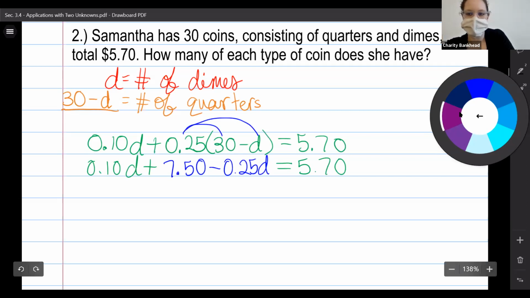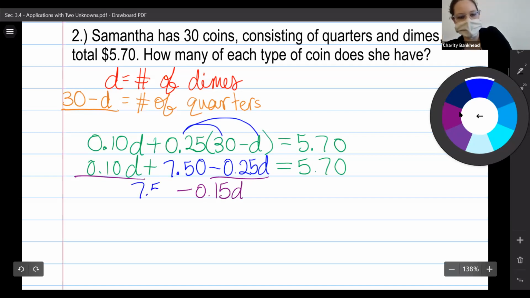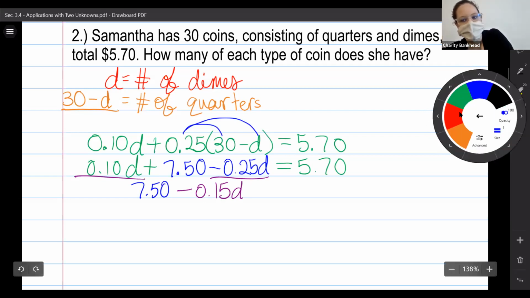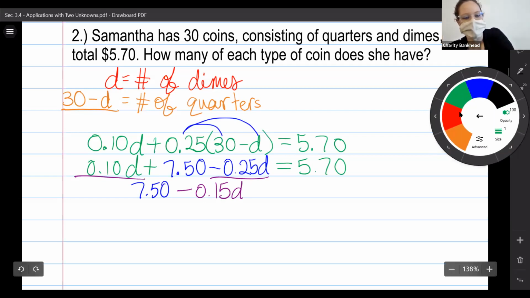Okay, and then I could combine like terms. So 0.10 minus 0.25 would equal negative 0.15D. And I just bring down 7.50. So 7.50 minus 0.15D equals 5.70.